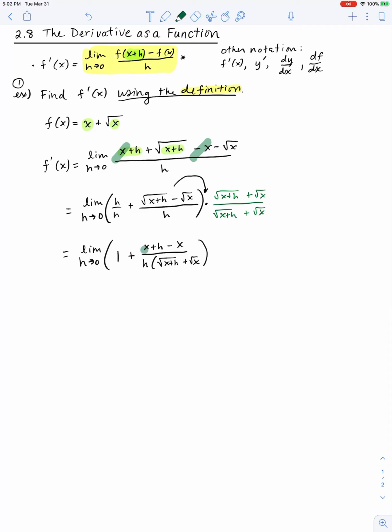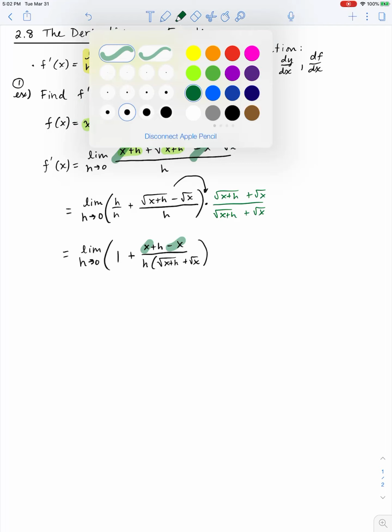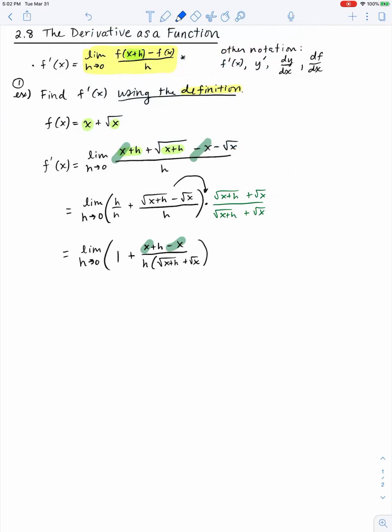Once again, these x's add to 0. And additionally, we have this h and this h, so we're left with h over h there, and those reduce. Let me rewrite this.